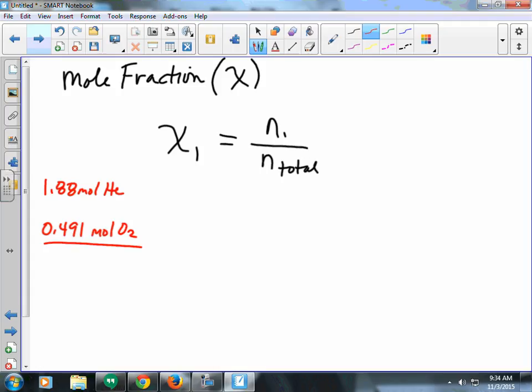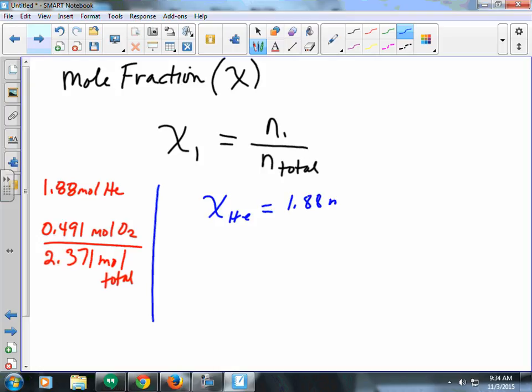I'm not doing a sample problem now. 2.37. Okay, so the mole fraction of helium would be 1.88 moles of helium divided by the total moles. Notice that moles cancel. Mole fraction has no unit.